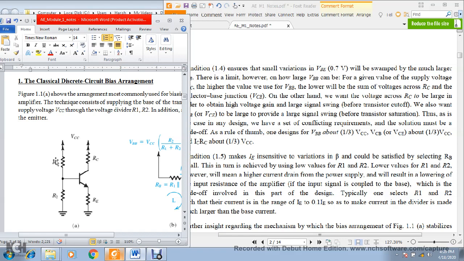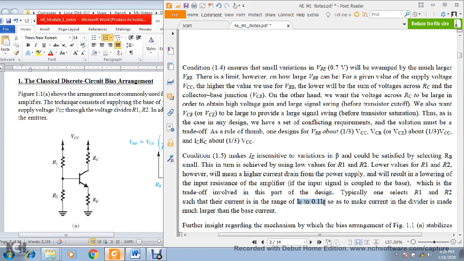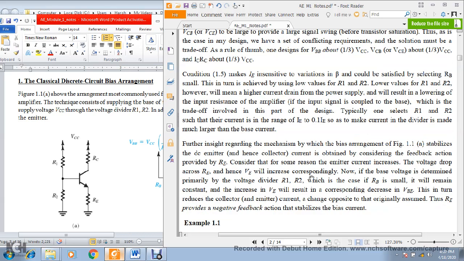If you are able to make the current flowing through this in the range of 0.1 IE, emitter current, please see this range, then you can have typical values of R1 and R2, which will solve the trade-off between sensitivity and the input resistance to the extent possible.